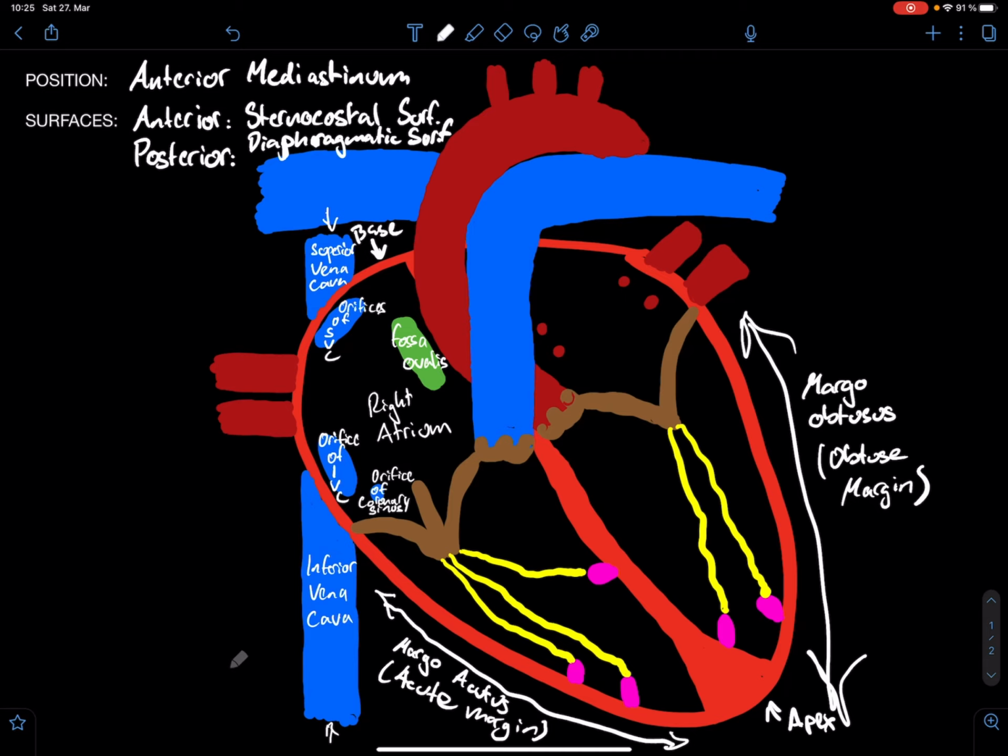So, right now our blood has entered the right atrium through the superior vena cava and inferior vena cava, and now it needs to travel to the right ventricle. But before it can go to the right ventricle, it has to pass this structure here, this brown structure. This is the so-called tricuspid valve.